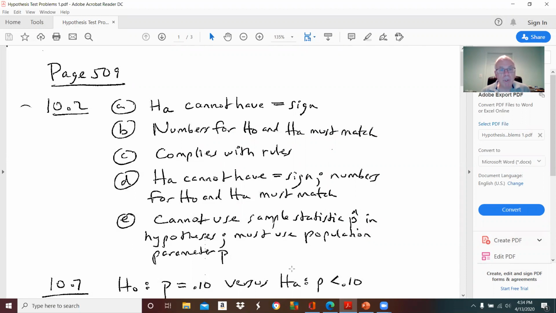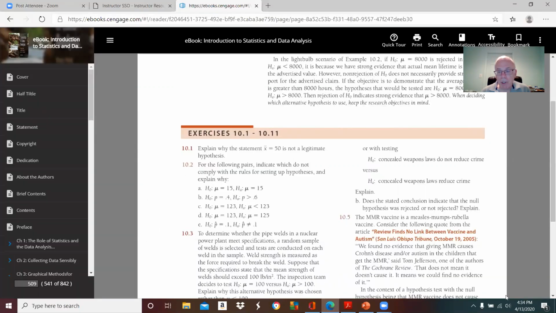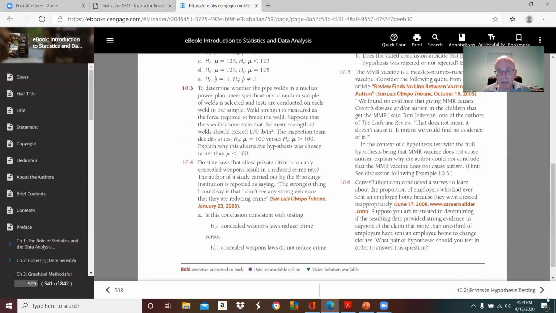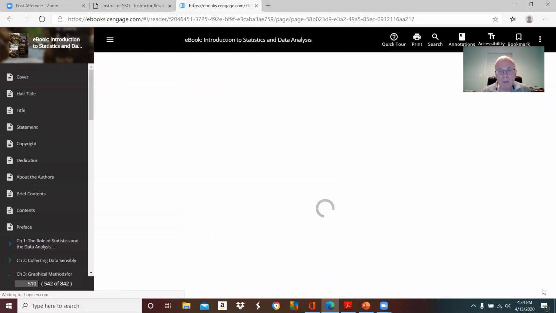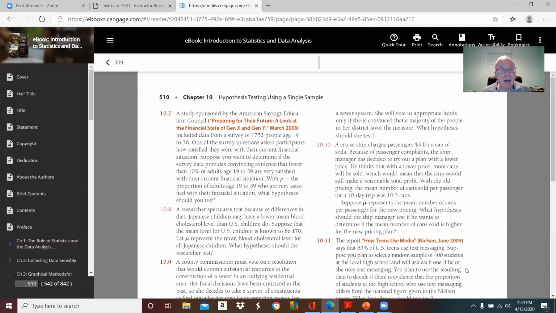All right, let's look at 10.7 on the same page. All right, let's scroll down. Looks like it's the next page, 10.7. All right, here we go. I'll just read through it. It says a study sponsored by the American Savings Education Council included data from a survey of 1,752 people aged 19 to 36.